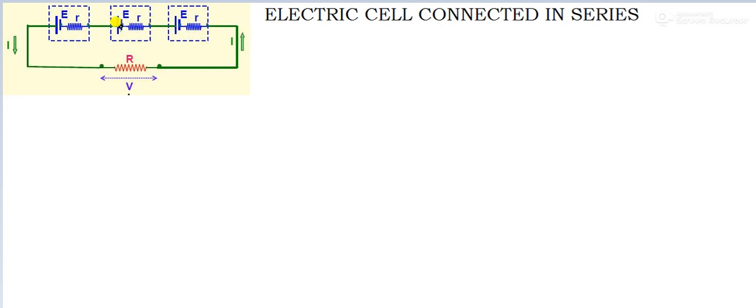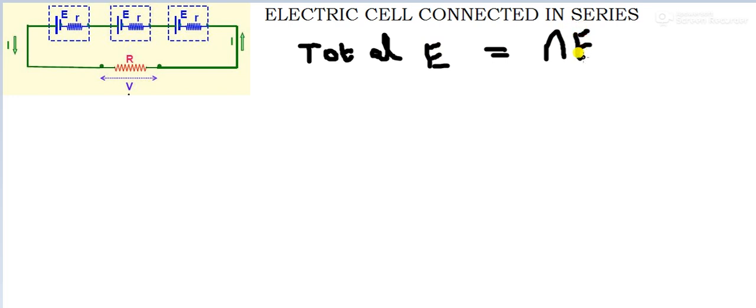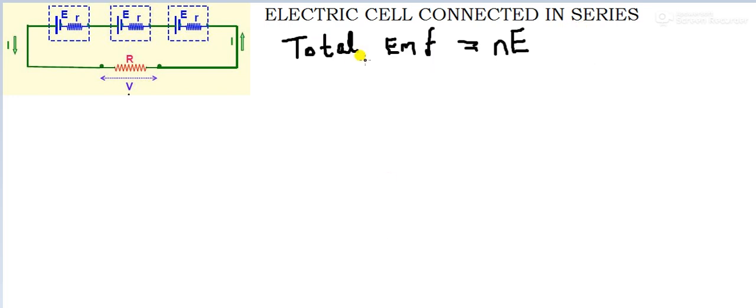So the total for 3 would be 3E, but if it would have been 4 cells, total EMF would be 4 into capital E. But if I say let there are n cells, total EMF would be n times E, because there are n cells and they all are connected in series. So total EMF is nE.